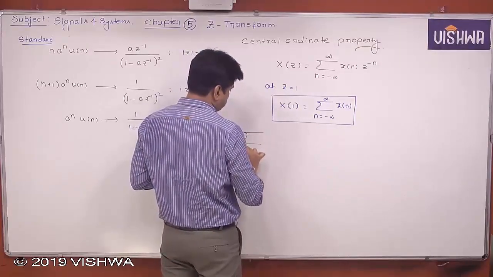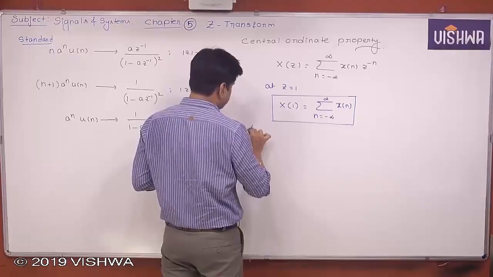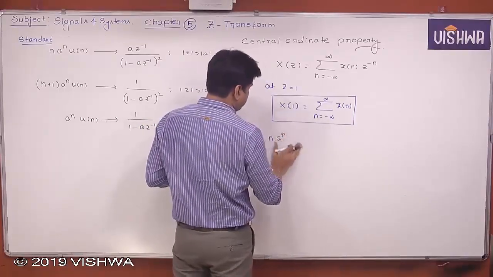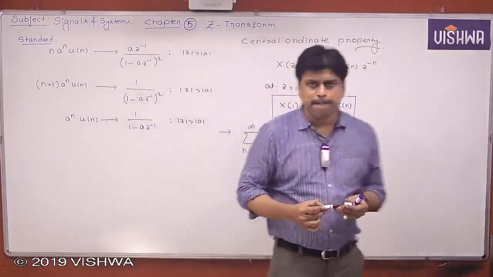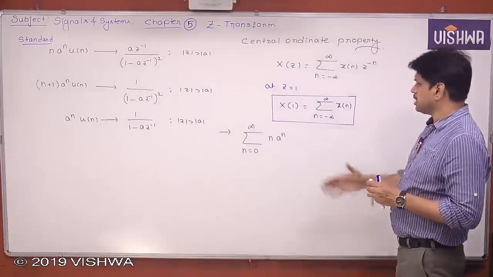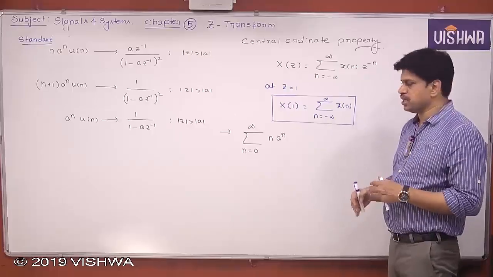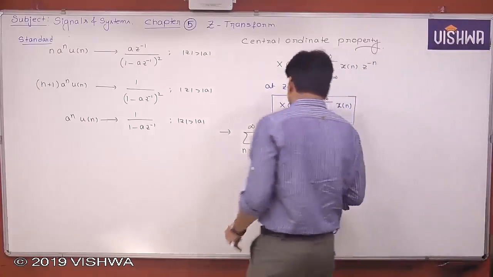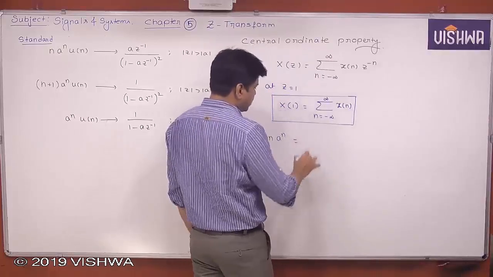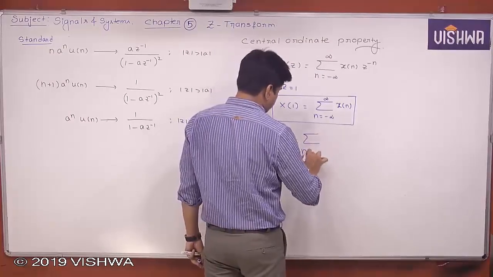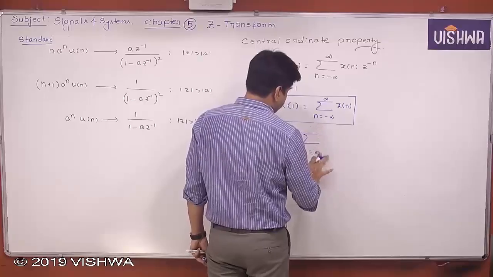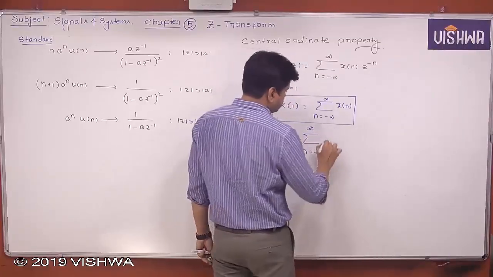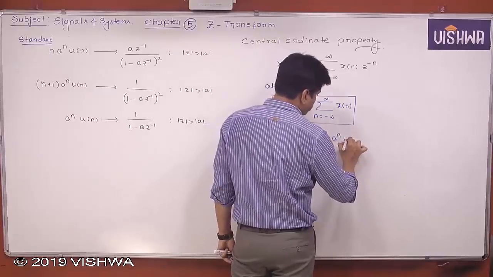Summation n is equal to 0 to infinity n a power n is given to you. By seeing this formula, many people think that it is going to be mathematics, but it is not. Why? This can be written as summation n is equal to minus infinity to plus infinity n a power n u of n.